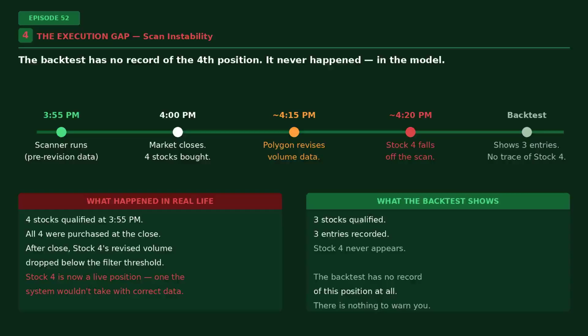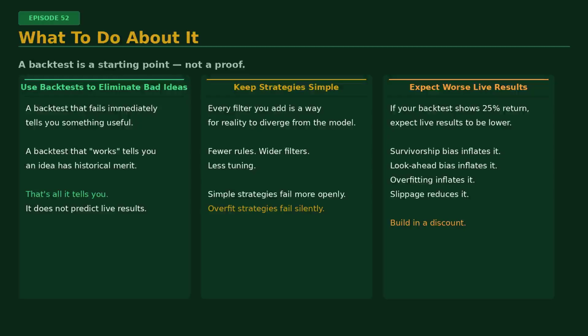The backtest shows 3 clean entries. In real life, you're holding 4 positions, including one your own system never would have taken with the correct data. The backtest has no record of that trade at all. There's nothing in the numbers that warns you. It happens quietly after the trade is already on.